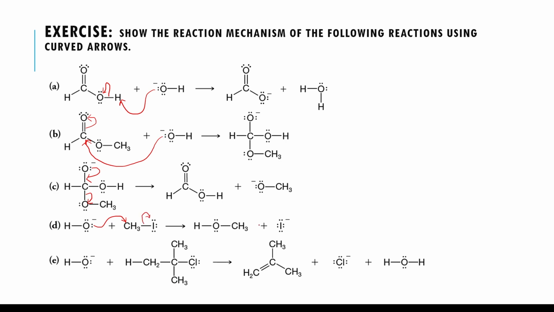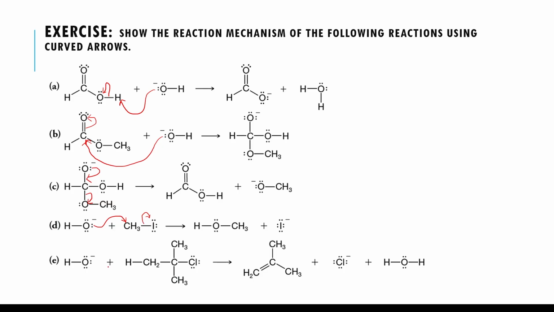And if we check here, iodine is having a fourth lone pair. It has here 4 lone pair electrons. So the fourth pair is coming from these bonding electrons. So basically adding 2 arrows explains the reaction mechanism.